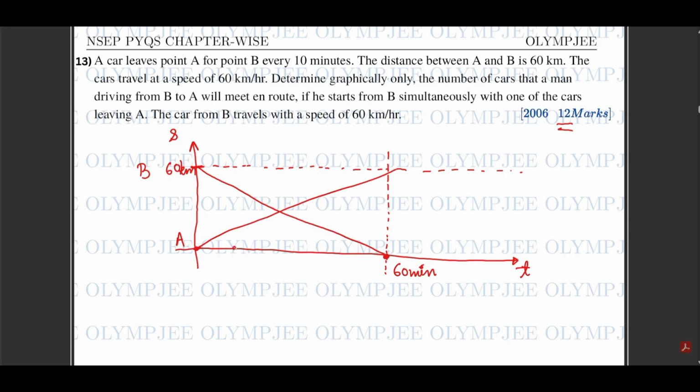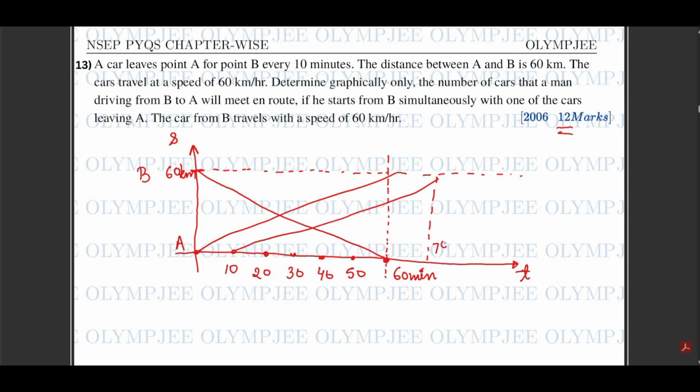And every 10 minutes, a car from A will leave for B. This will reach at 70 minutes. This will reach at 80 minutes. So on.